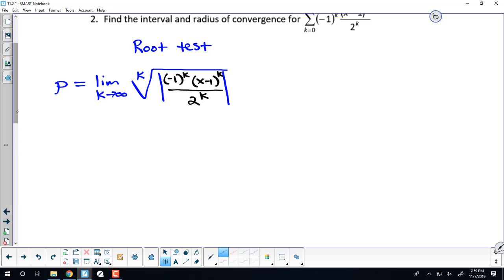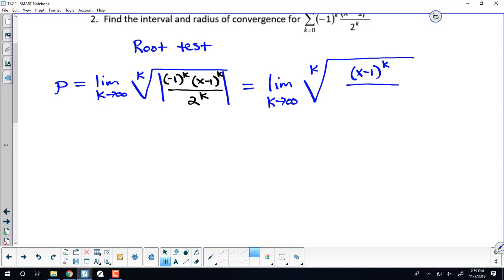The absolute value makes it always positive. And we still need to leave that there, right?